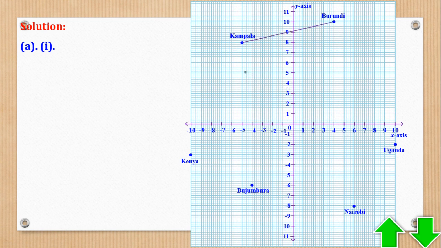So joining in order of preference from Kampala to Burundi, from Burundi to Uganda, Uganda to Nairobi, Nairobi to Bujumbura, Bujumbura to Kenya, and then we close back to Kampala. But they said there is a direct route between Kenya and Burundi, so let's represent it with a dotted line.